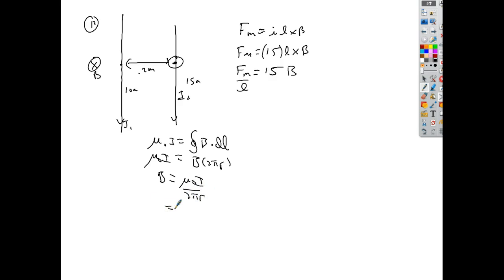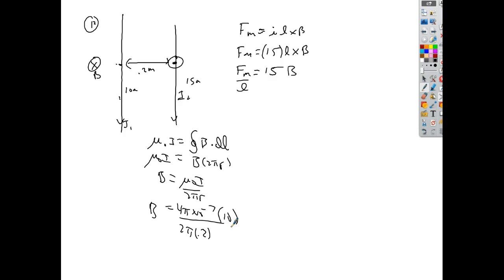So I'm going to fill out how much magnetic field this wire is causing on that one there. Just plug in everything, right? Mu naught, which we said from last time is 4 pi times 10 to the -7th. Again, why pi? Well, look what's on the bottom. What's going to be on the bottom every single time? See that? Which is why they wrote it that way. The radius is 0.2, and the current from this wire is 10.